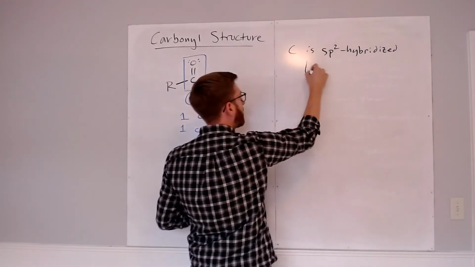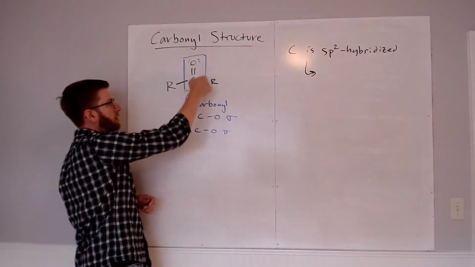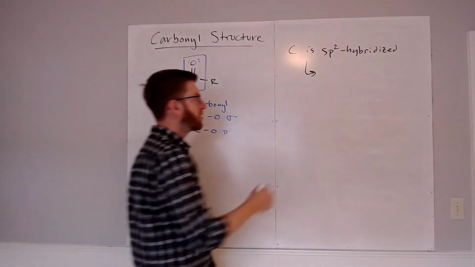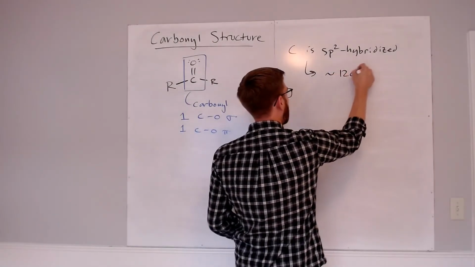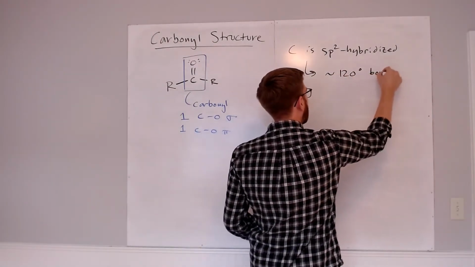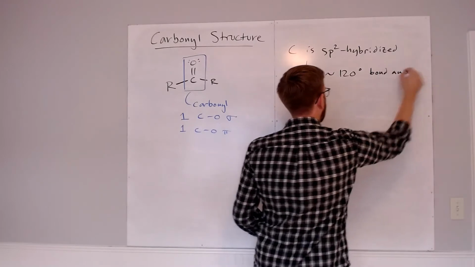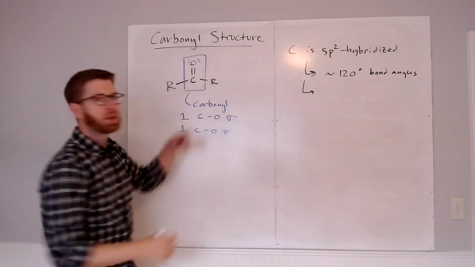And that tells us a couple of things. It tells us that the bond angles here are about 120 degrees. And it also tells us that the carbon is trigonal planar.